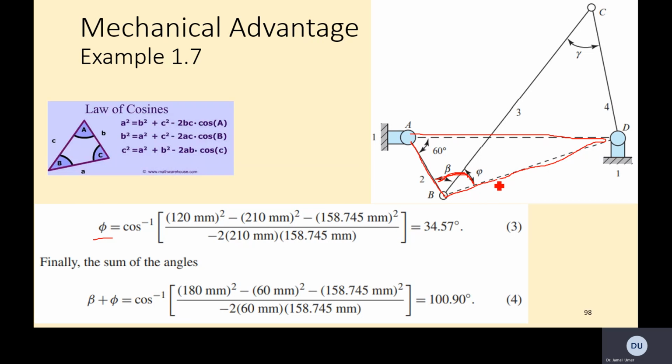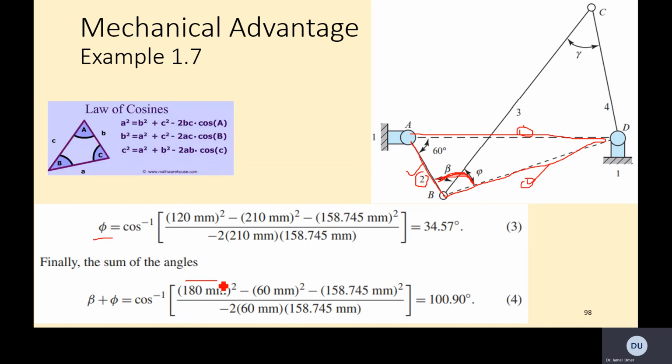I can find out the sum of these two angles, and because I know all the lengths, I got this length, I got this length, I got this length, and I got this angle as well. But we don't need this at the minute, so we can use this angle and this length to find out what should be the angle. So that's what it's doing. So we got similar cosine law again.